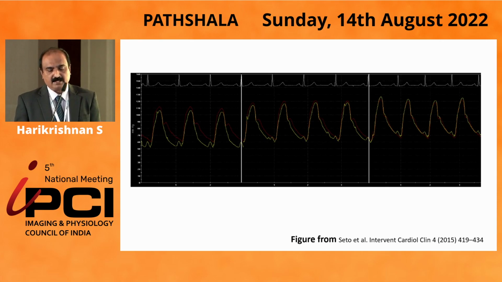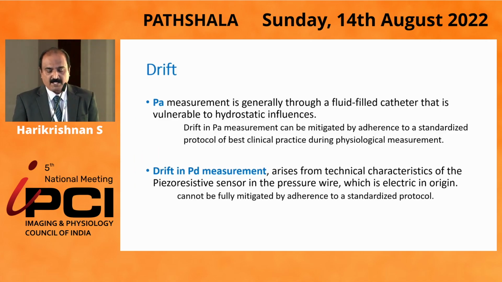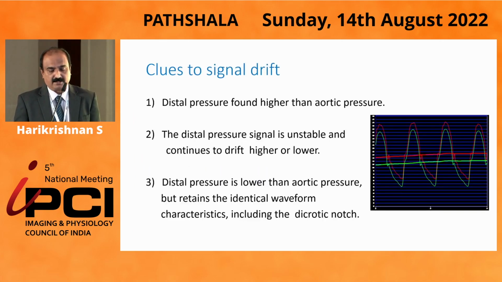You can see that there is a dicrotic notch in the aortic pressure, the wire pressure doesn't have it, but subsequently, without doing anything, you can see that the morphology of the pressure tracing changes to similar to the aortic pressure. That is called a parallel shifting. And this is from technical characteristics of the piezoelectric sensor, which is electric in origin. So you cannot do much about that.